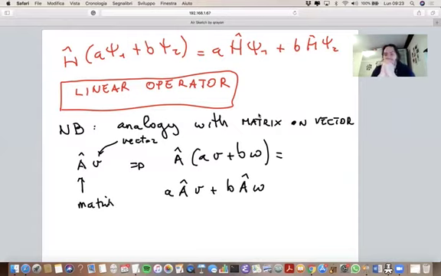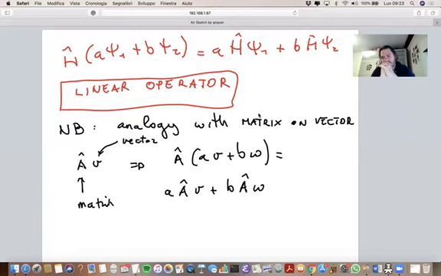So in some sense, there is a very, very close relationship between operators such as the Hamiltonian and matrices, linear vector spaces, and operators on the space of vectors. We will discover later on in this course that this connection is very deep, and it's not just by chance.